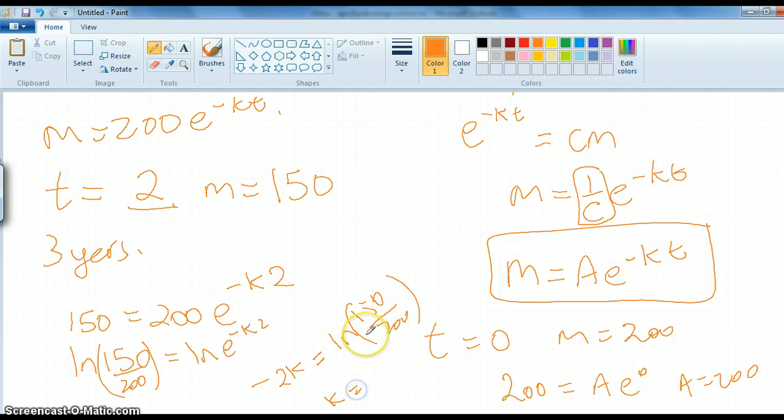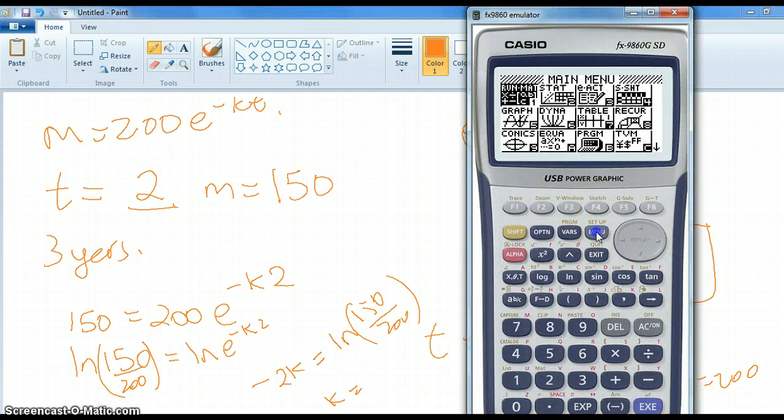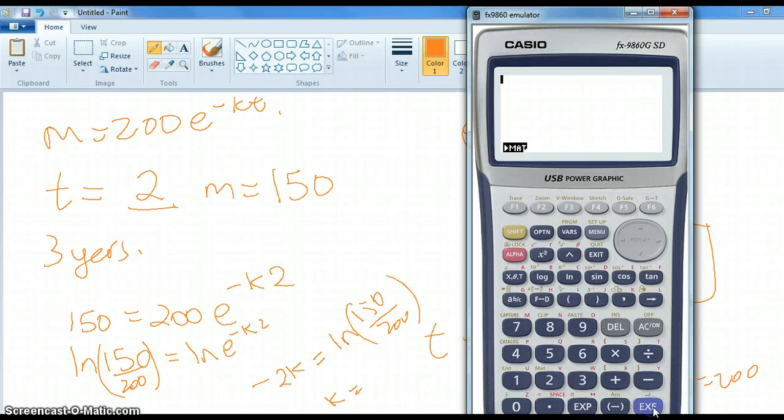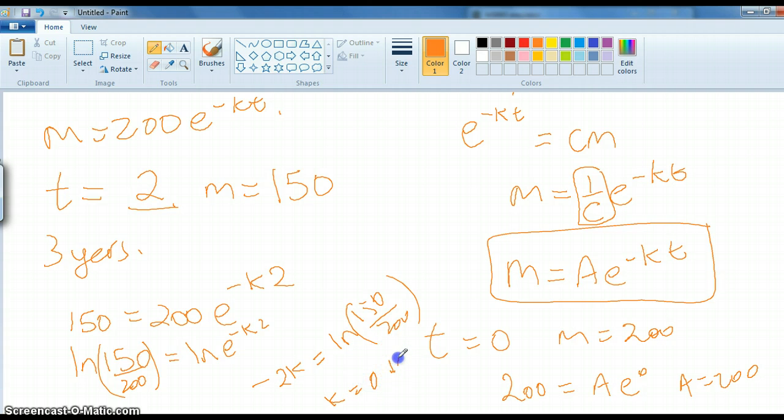So k equals, let's get my calculator out, menu, execute, natural log 150 divided by 200, and then I need to divide that by negative 2, so I get a k of 0.144. Maybe not quite enough decimal places.